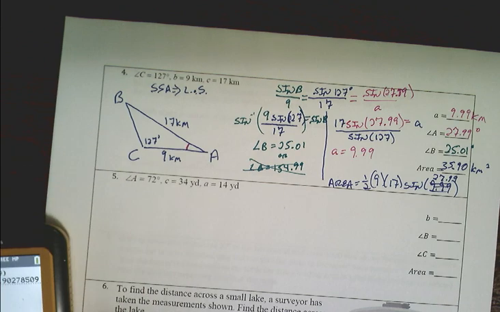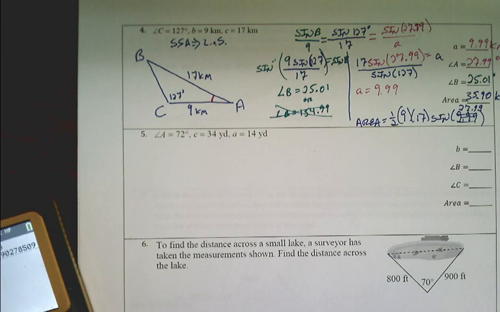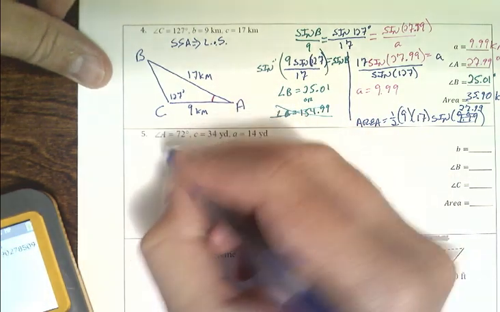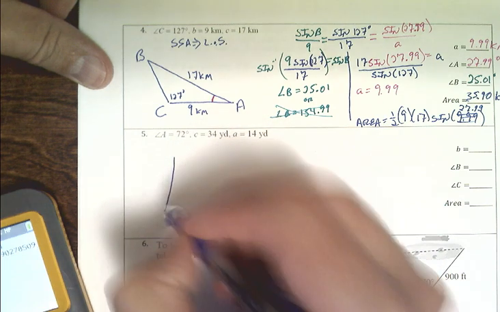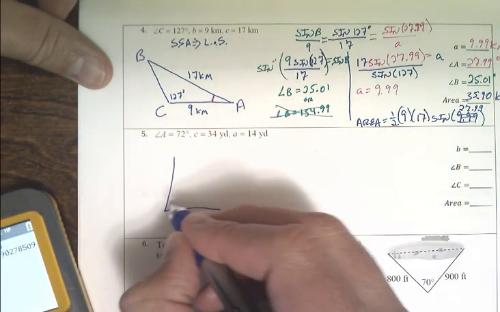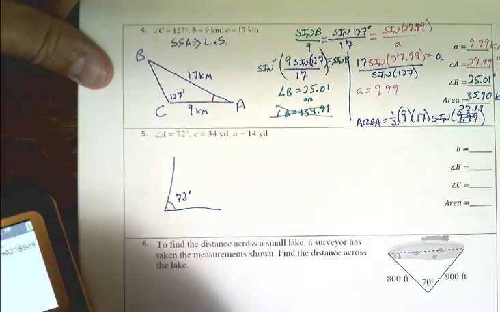Okay. Next up, we have another triangle that's given to us. We have angle A, so I'll start by drawing that. 72 degrees, so that's slightly less than 90, so we'll make a slightly less than 90-degree angle there. 72 degrees.